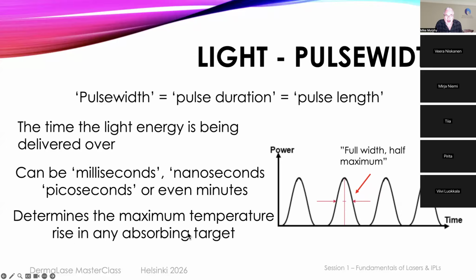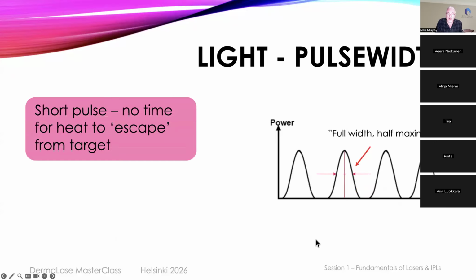But the pulse width can determine the maximum temperature in your target because if you have a short pulse, you fire a short pulse at say 2 or 3 milliseconds into your target, then there's no time for any heat energy to escape during the pulse. So the energy is being kind of stacked up in the pulse because it's just not getting enough time to escape. And that can then lead to a very hot target during the pulse.